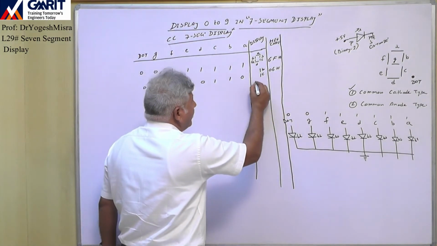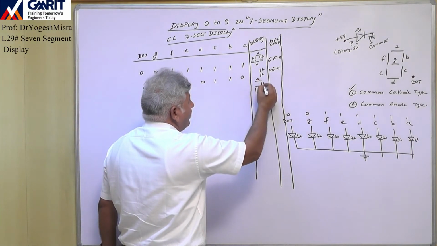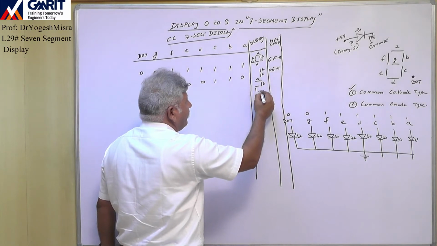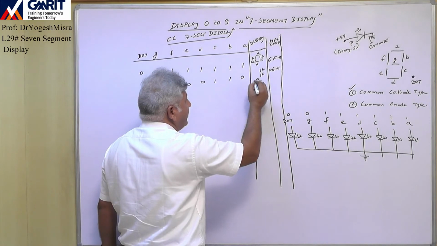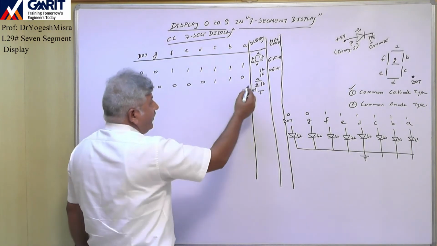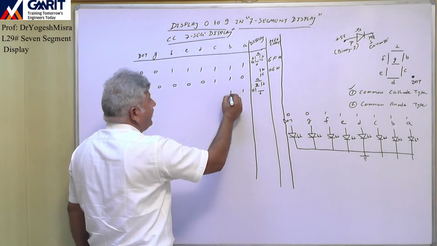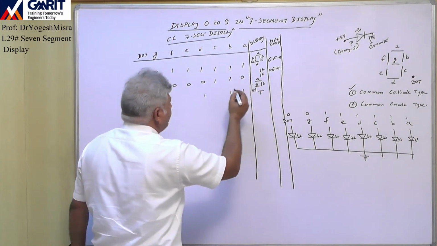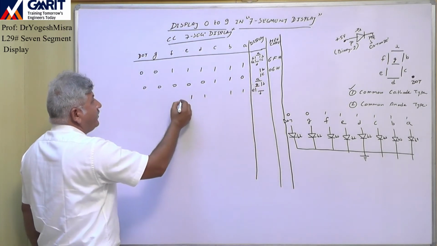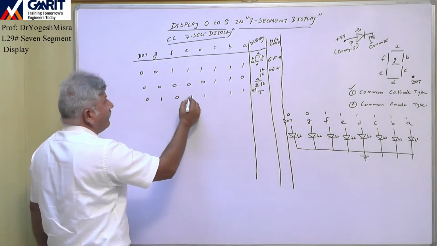Now 2 we display like this. This is A, B, C is off, D, E, F is off, and this is G. So A, B, D, E and G are all on and remaining segments are off.